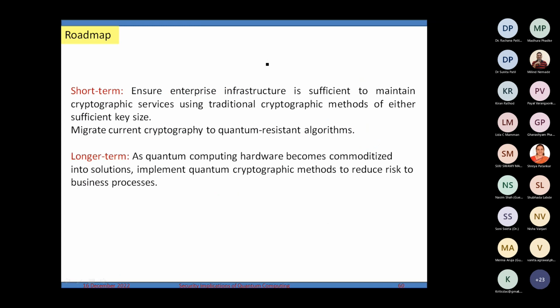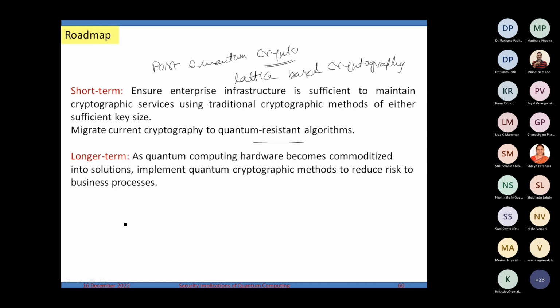So what do we have ahead? We are going to build, number one, quantum resistant algorithms. We have lattice based cryptography, which is one of the becoming popular algorithms, and these all come under post quantum cryptography.